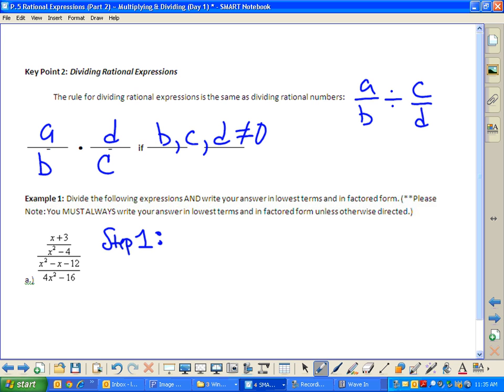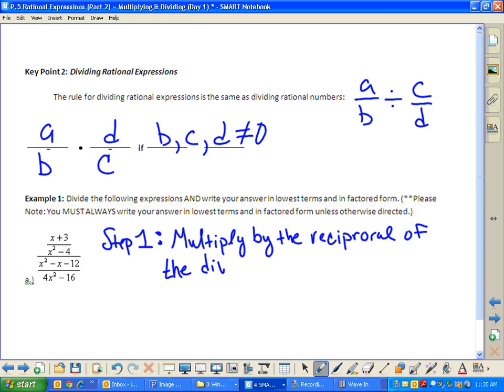I notice that I'm dividing 2 fractions, and I can't do that. I'm going to multiply by the reciprocal of the divisor. In other words, I'm going to rewrite this problem as multiplication.